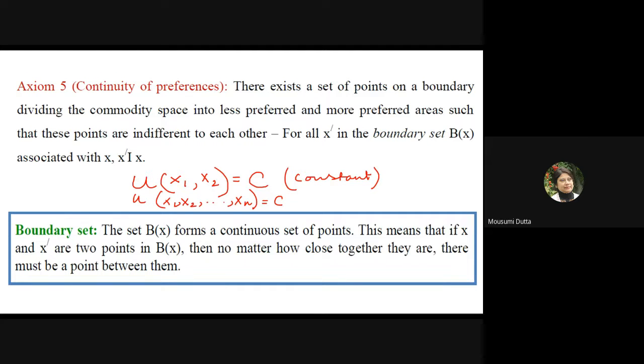I told you this starting part of consumer theory or consumer preference will be based on several set theoretic operations.